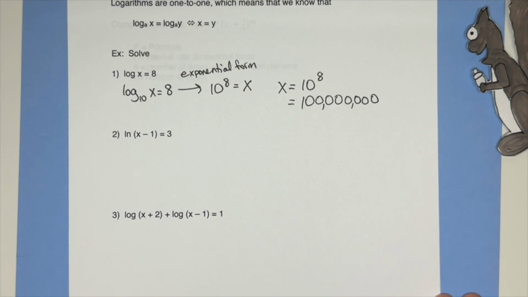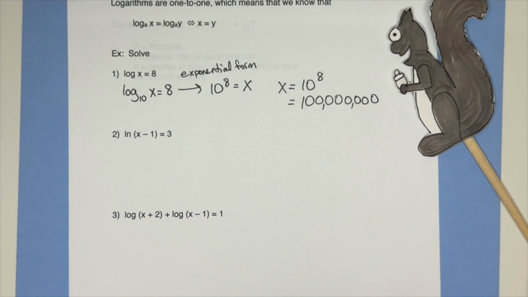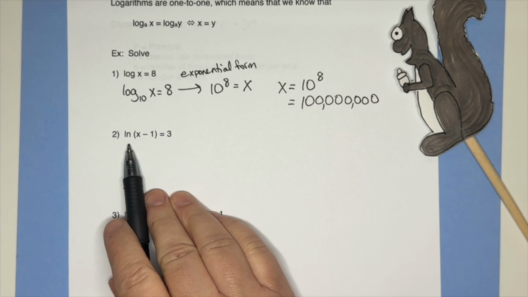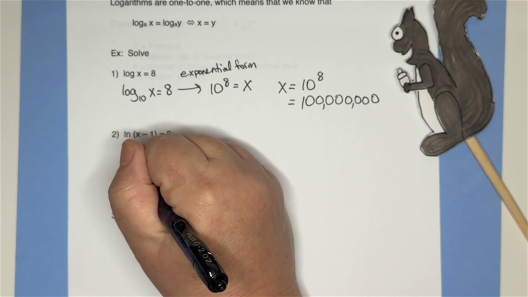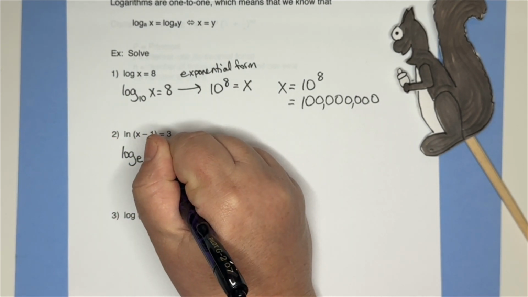Okay, next problem. This one is also one of our special case logarithms, it's natural log. I propose that we write this as log base e, though you don't have to.